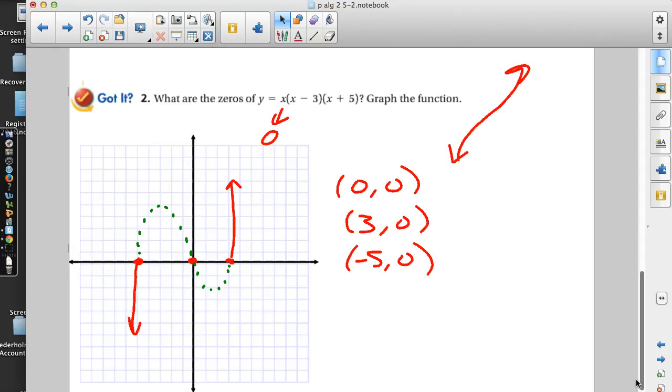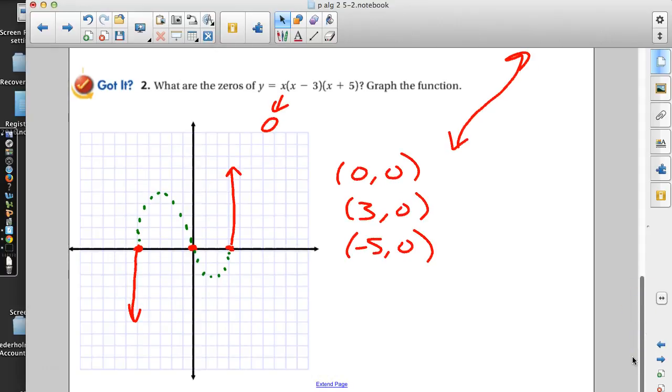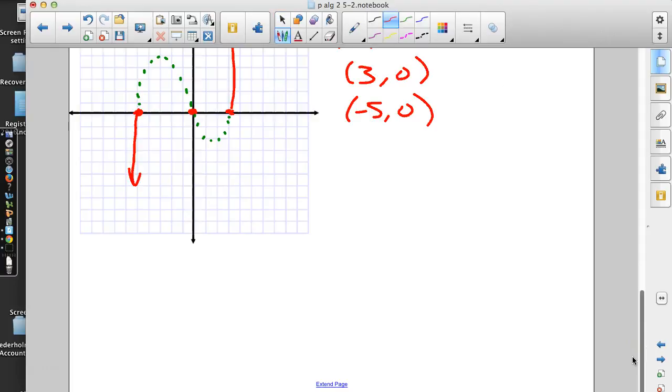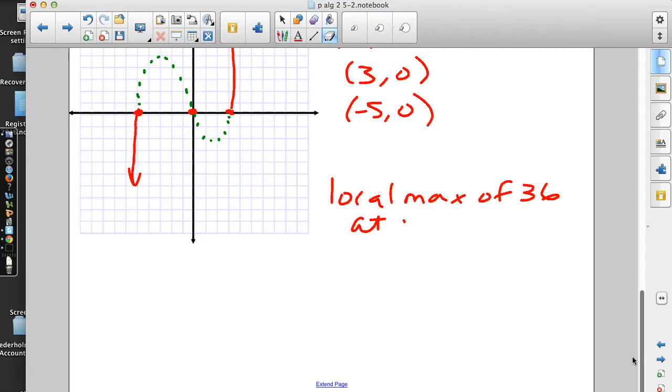And we get 36. So local max of 36 at x equals, well, actually, I'll just put at negative 3. You could put at x equals negative 3 if you want. All right. Well, I only have 10 of these little buggers.